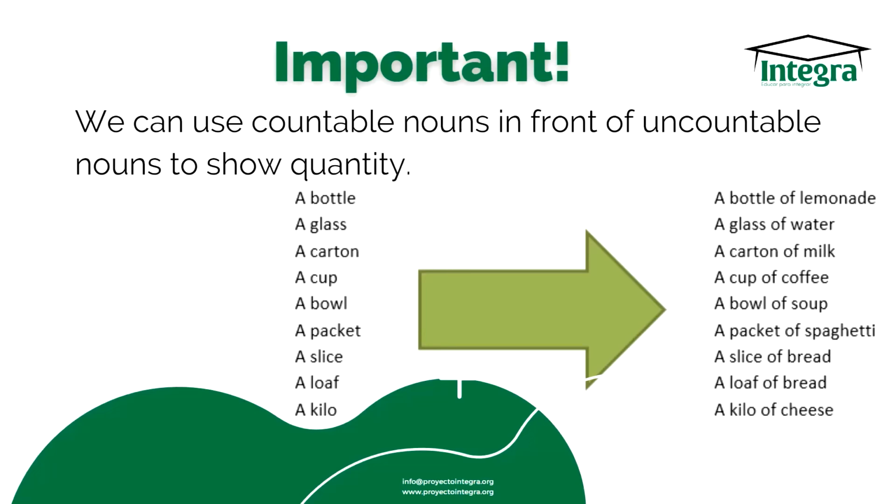They are countable, and you can put them at the beginning of a sentence in front of uncountable nouns. Let's see on the right side. A bottle of lemonade, a glass of water, a carton of milk, a cup of coffee, a bowl of soup, a packet of spaghetti, a slice of bread, a loaf of bread, a kilo of cheese.